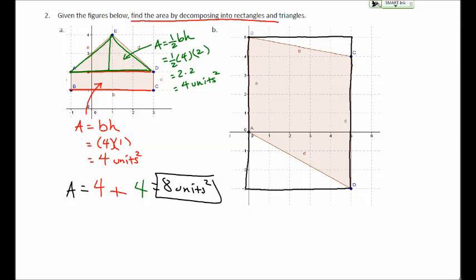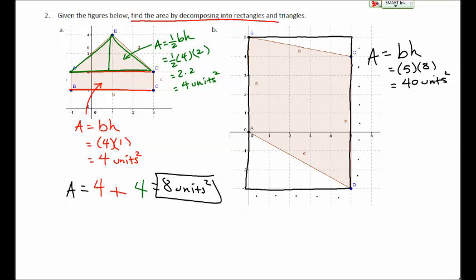Now, as a rectangle, I can find the area of the overall shape pretty easily. It's base times height for a rectangle. This base is 1, 2, 3, 4, 5 spaces. And the height is 1, 2, 3, 4, 5, 6, 7, 8 spaces. So the area of this rectangle is 40 square units.